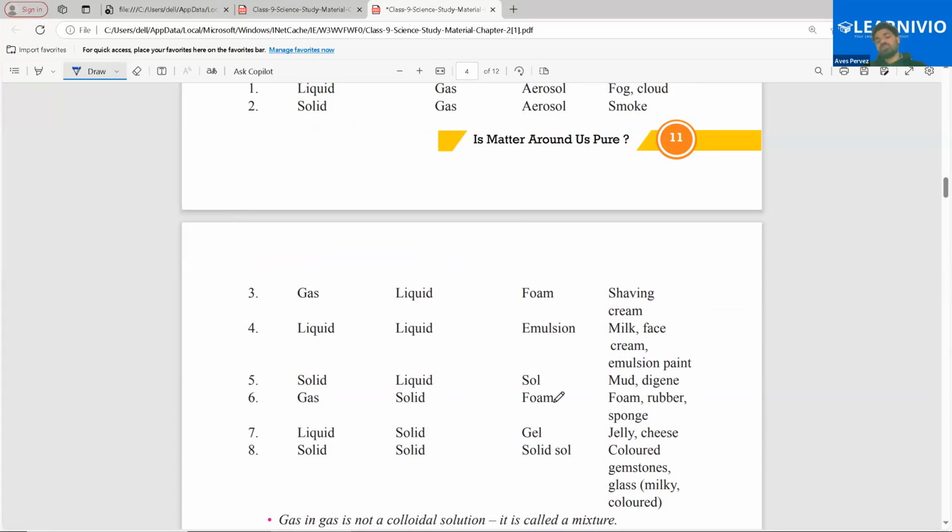Gas in solid form, again foam. Gas in liquid or gas in solid, both are called foam. Understood? So if you are dissolving gas in the liquid or dissolving gas in the solid, but if the solvent is liquid then this will also be liquid, okay, shaving cream. And if this is solid then the solution will also be solid, foam, like the foam that we have on the bed. Okay, foam, that is gas and solid.